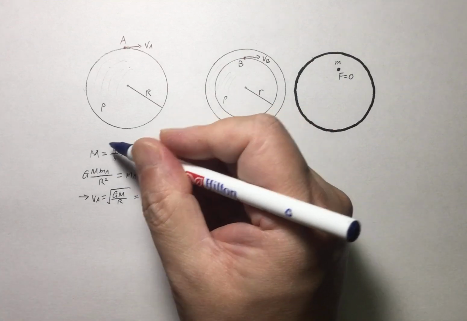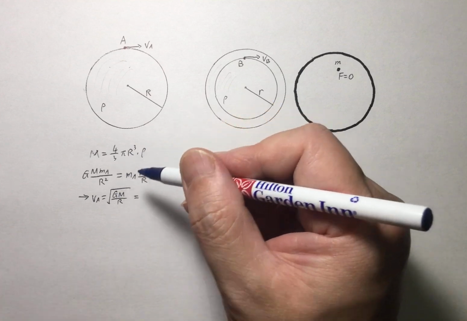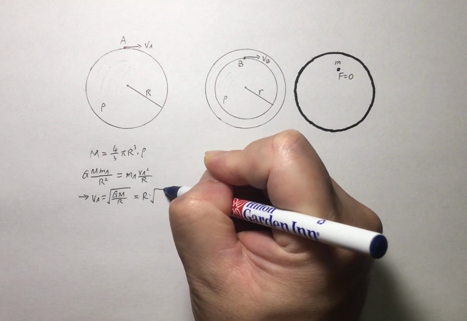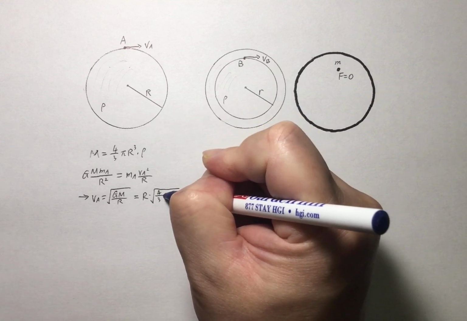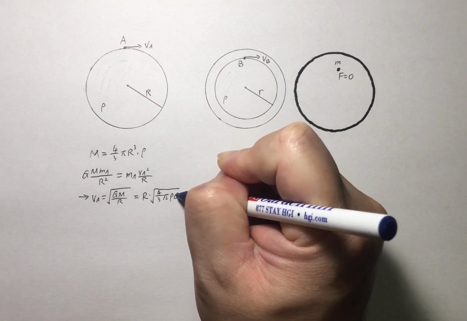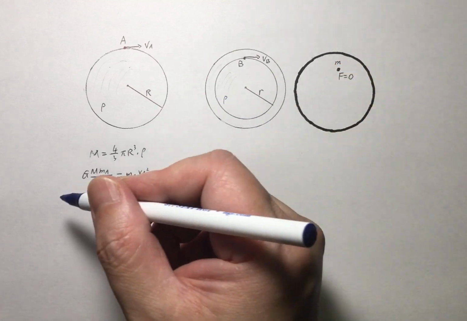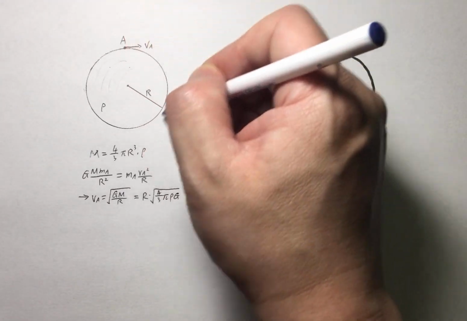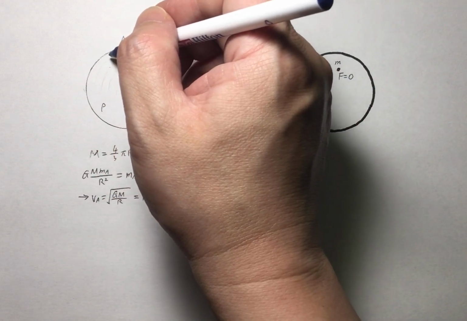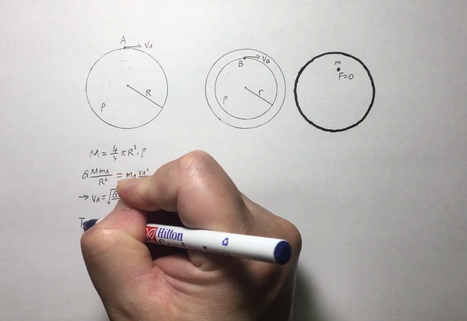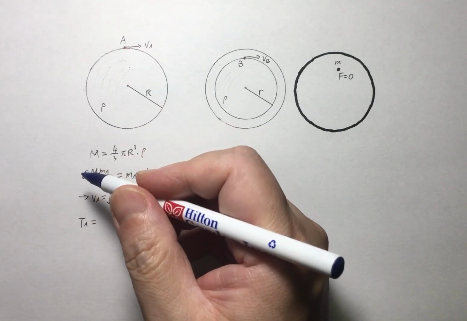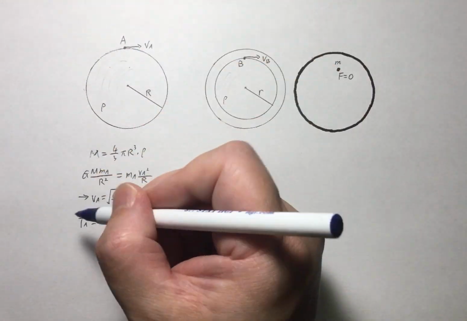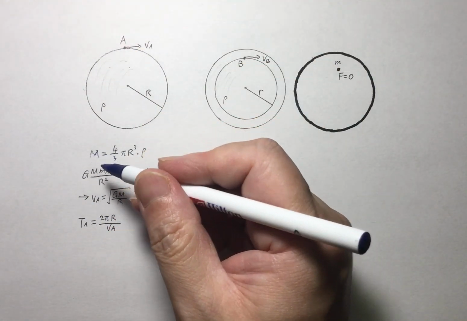Then we plug M into here. Eventually we will get VA is R times the square root of 4/3 pi rho G. And then the period of satellite A that is orbiting this spherical cloud is TA is 2 pi R, where 2 pi R is one circle, over VA.